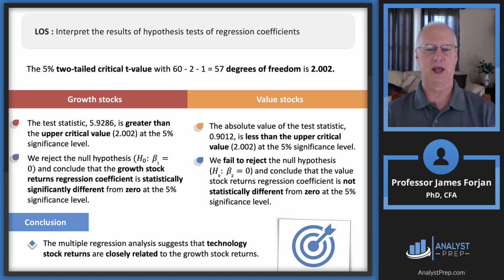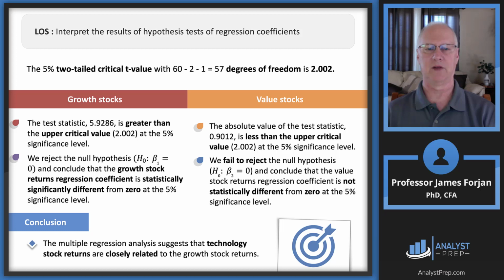And so what are we saying here? In summary, the test statistic for growth stocks, which is nearly 6, is going to be statistically different from 0. The test statistic for value, which is 0.9, that's not going to be. So we reject the growth stock null hypothesis, but we fail to reject the value stock hypothesis.